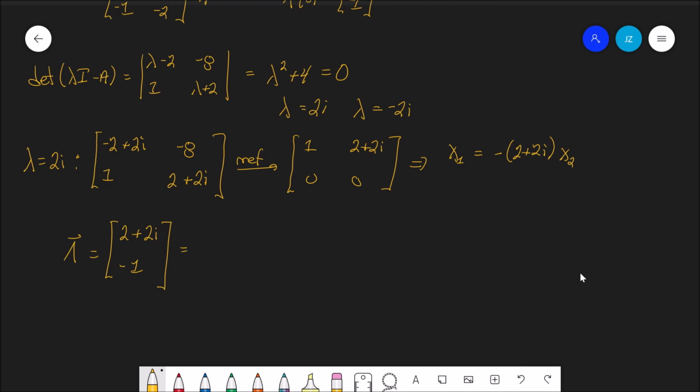Now, I can rewrite this as (2, negative 1) plus (2, 0) times i. The first vector is the real part of lambda, and the second vector is the imaginary part of lambda.